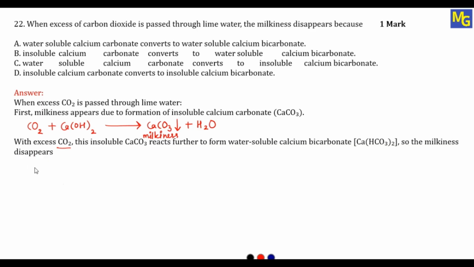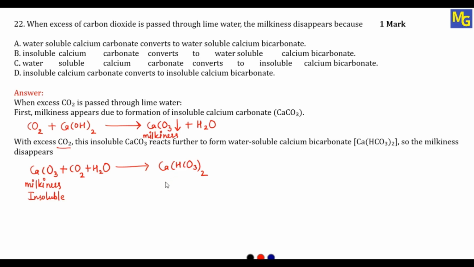Now what we have in the test tube is calcium carbonate, which is insoluble, or I can write here milkiness, which is giving milkiness due to being insoluble. So that I will also write here, insoluble. If we add excess of CO2 in the presence of the water which has formed in the above reaction, this will give calcium bicarbonate, that is Ca(HCO3)2.